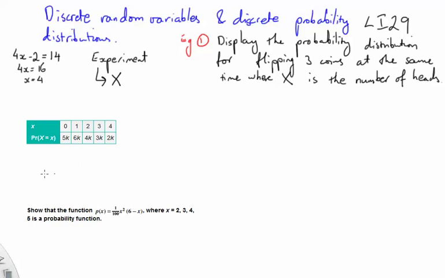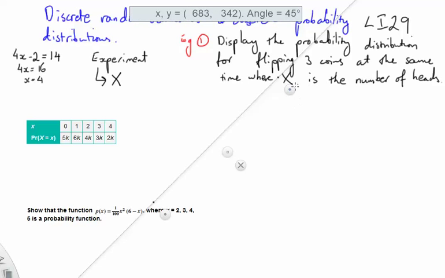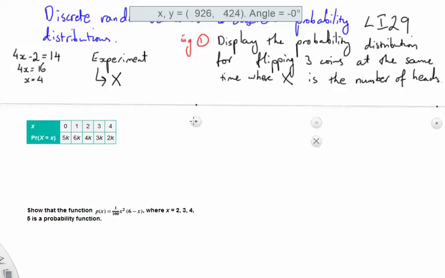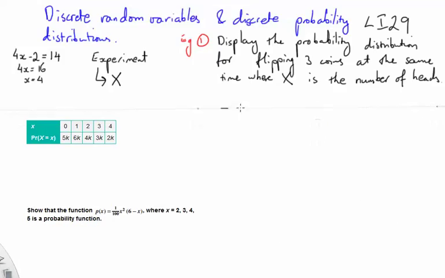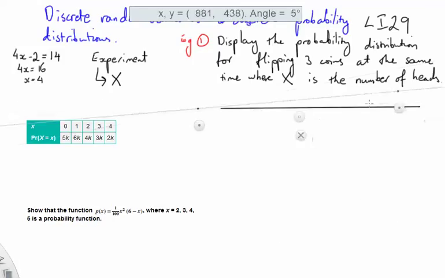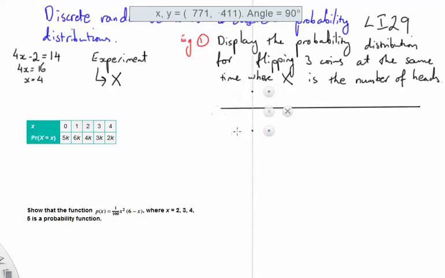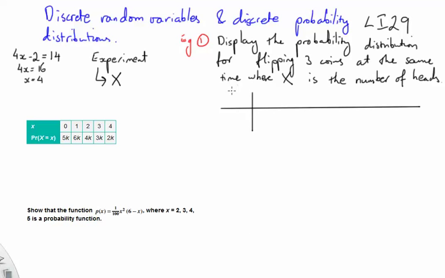So how do we display this all? Well, we use a table. Let's draw one up. This notation, when I was learning this, it didn't make much sense to me at the start. You start with x up the top, and then you have this funny looking thing.